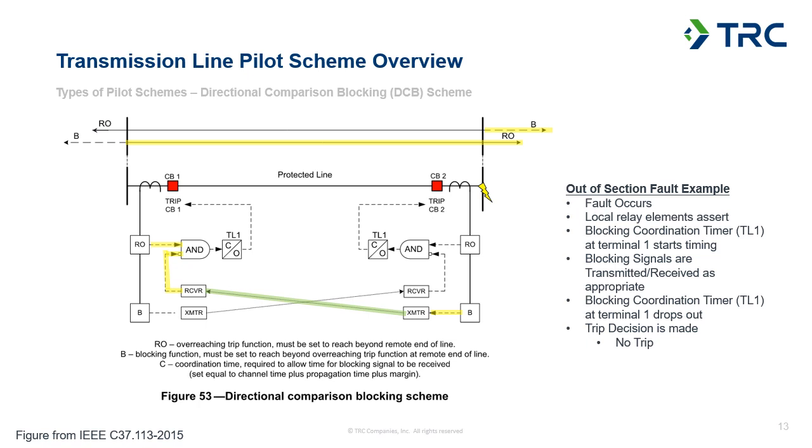Because the block was received and prevented the trip at terminal 1, we're not tripping that terminal. And because the overreaching element never asserted at terminal 2, we're not tripping that terminal. So again, this scheme logic has provided a correct trip decision that it's not going to operate for that out-of-section fault.